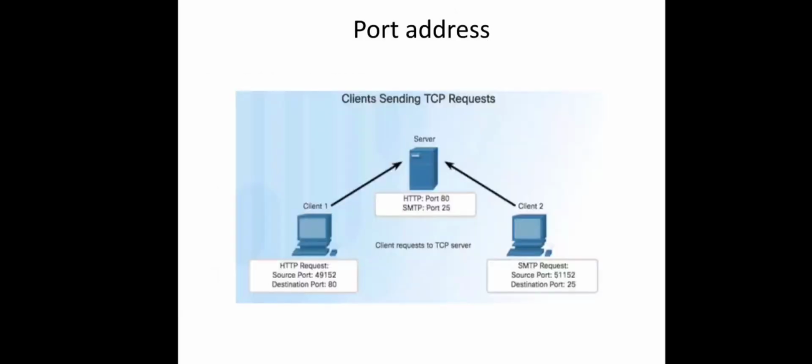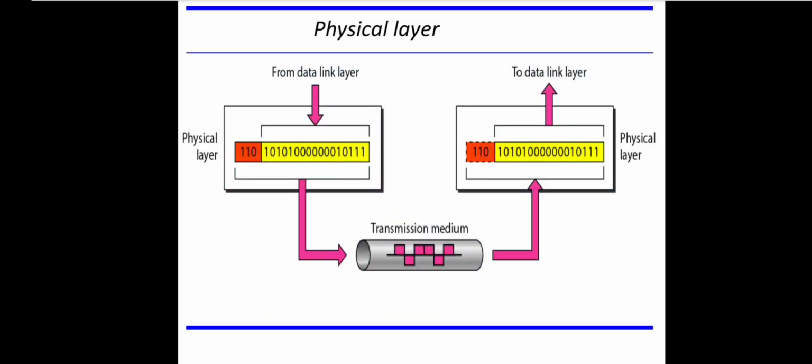Now let us discuss the different functions of each layer. The first one is the physical layer, the lowermost layer in our OSI reference model. As you know, the physical layer receives its data from the data link layer. The frames are formed by the data link layer and passed on to the physical layer. The physical layer is the lowermost layer which connects our machine with the medium.